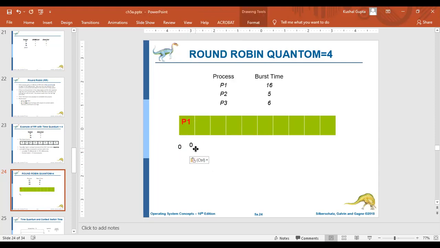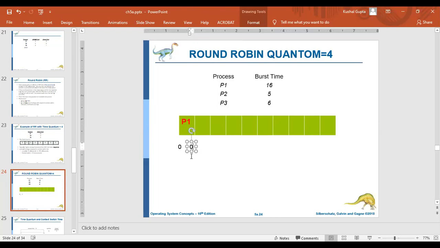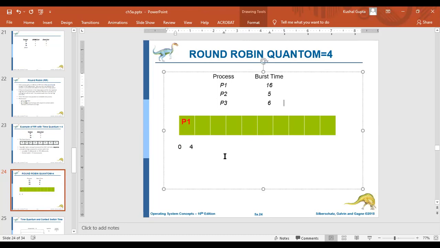Now the finishing time of this will be 4. P1 will start from 0. P1 will end up with 4 because the quantum of this round robin scheduling is 4.